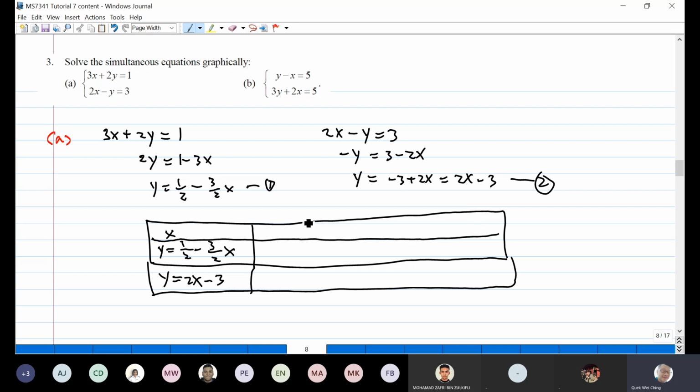So for the first one, I'm going to take x equal to minus 2 first. Then I try x equal to 0, then try x equal to 2. Maybe at least you need 3 points. For a straight line, you get 3 points to make sure that it really goes in a straight line. So when x equal to minus 2, where is y?